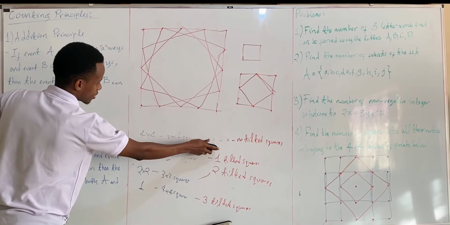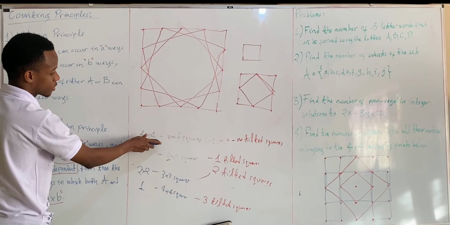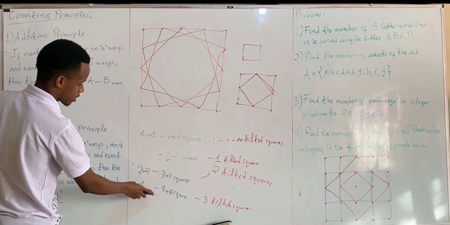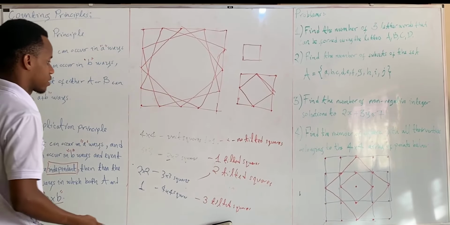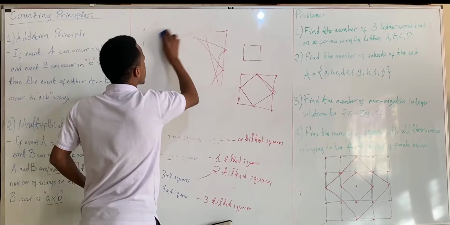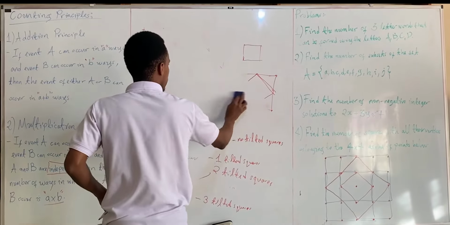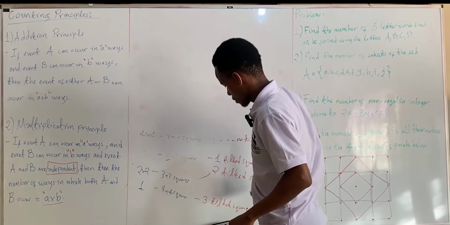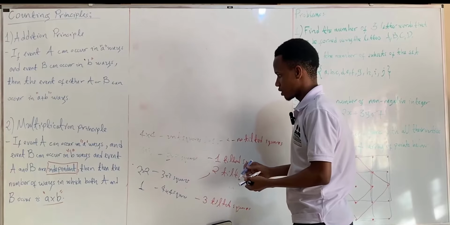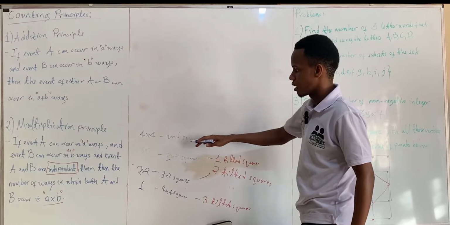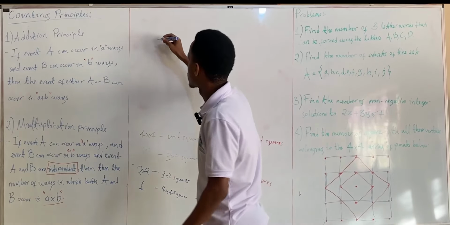We want to count the squares in this category: number of 4 times 4 squares, number of 3 times 3 squares, 2 times 2 squares, and 1 by 1 squares. So as we have seen already, for the case of 1 times 1 squares, there are 16 of them, 4 times 4, 16.